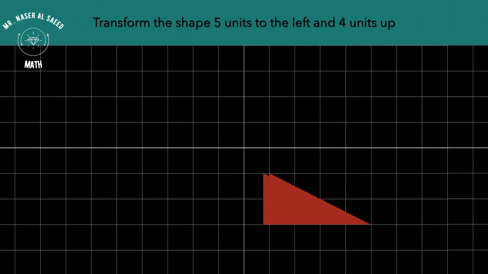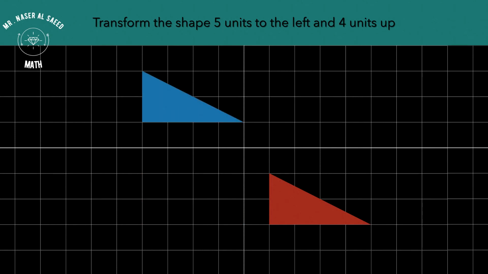And what is the new transformed shape? Again, notice that the shape is exactly the same as the previous shape. It just has moved 5 units to the left and 4 units up.